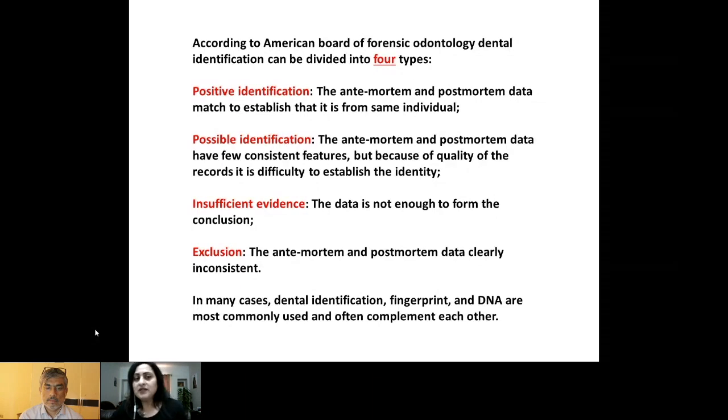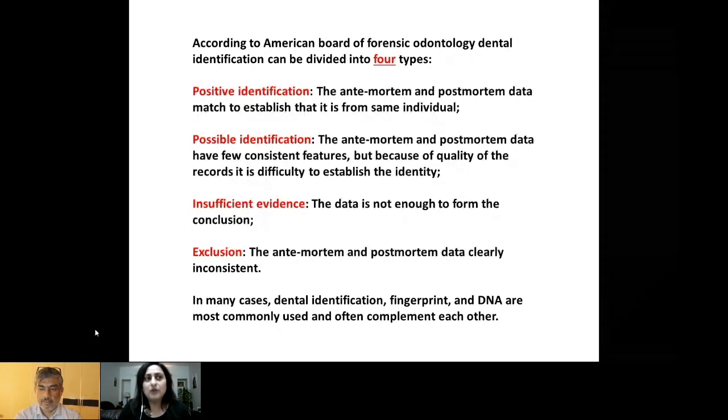For a positive identification, we must have the dental records, and even if only a few teeth are available, we can compare the X-rays of the antemortem data and the postmortem data, and it is very easy. If X-rays are not available, even by looking at some of the teeth it is possible, especially when we get more data from the family, like a crown fixed or a bridge, all these things which don't get destroyed by fire or in any mass disasters.